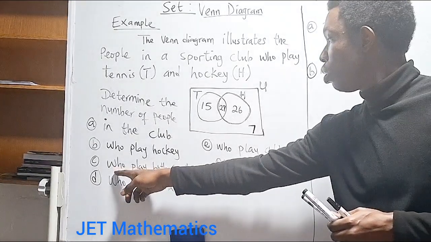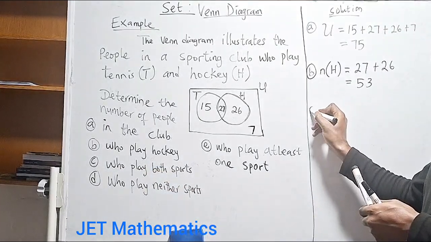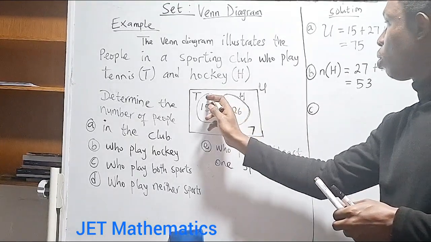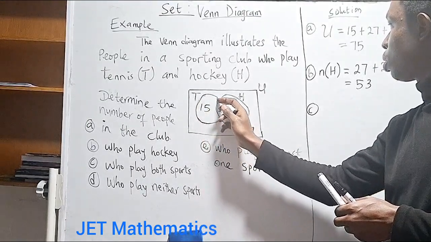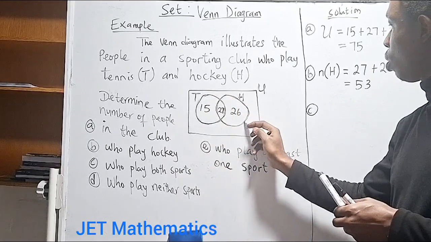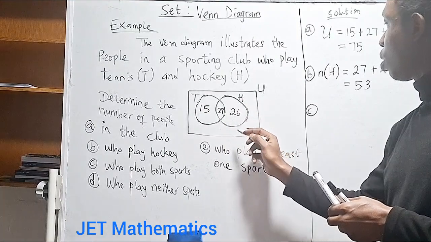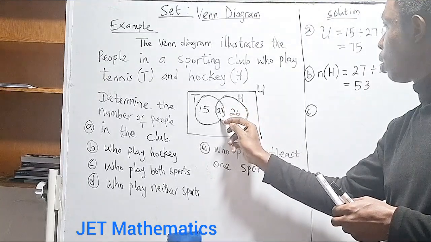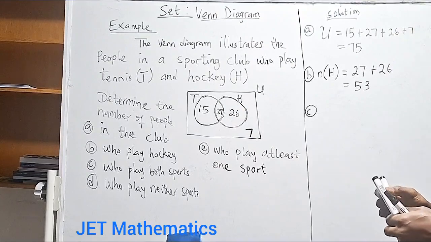Then the C, those who play both sports. Look at the tennis here, and look at hockey here. You discover that those who play both sports are these persons here. Okay? See that?